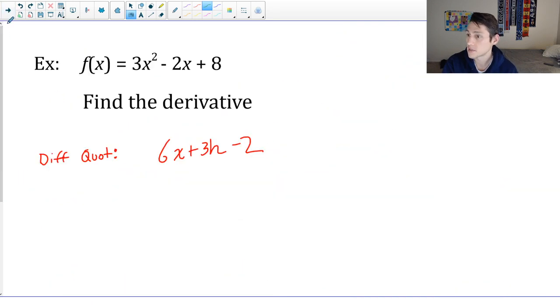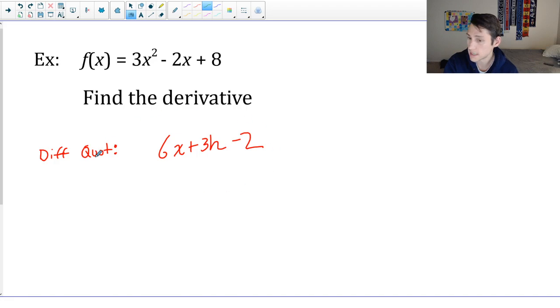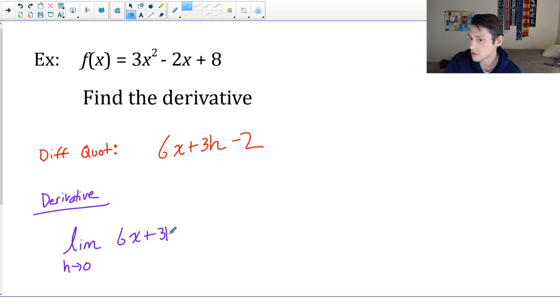So I'm kind of fast forwarding here and saying, let's say I did all the work and the difference quotient, I got this. Now to find the derivative, that means I take the limit as h approaches 0 of 6x plus 3h minus 2.